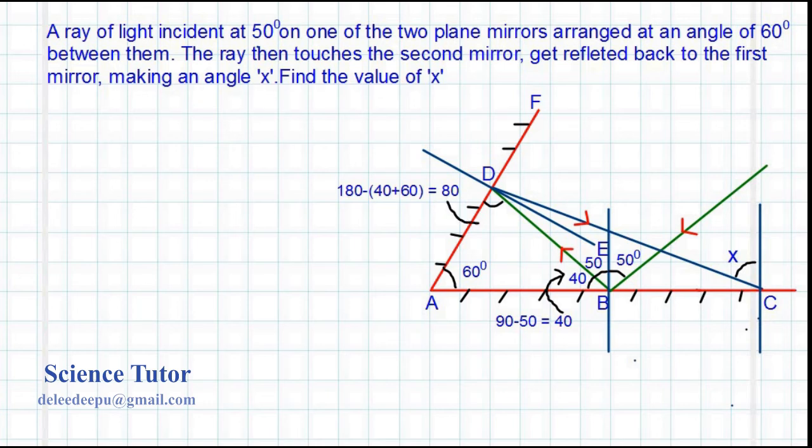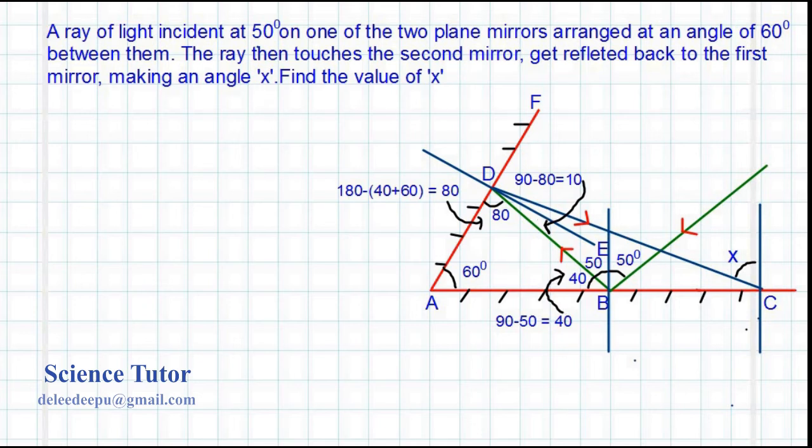This angle ADB is 80 degrees. If you closely observe, you can find DE is the normal to the mirror AF, which makes a small angle here. So this angle is 90 degree to AE, and we can find that angle by subtracting 80 from 90. So it's 90 minus 80 or 10 degrees.